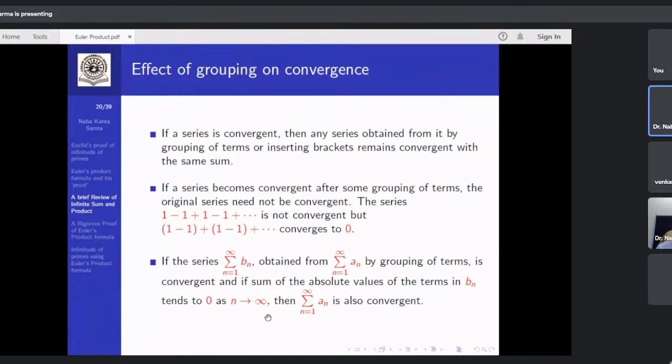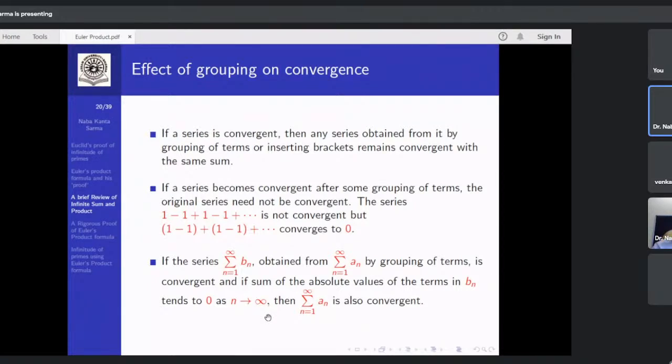Then you can say that the original series is convergent, provided that for the nth term Bn of the grouped series, you take the absolute value of each of the terms, and the sum still goes to 0. If, after putting the absolute value, the nth term goes to 0, then you can say that the original series, where there is no grouping, will also converge.